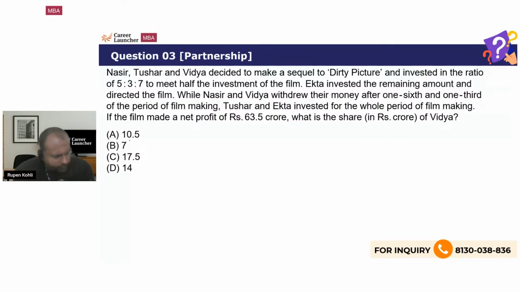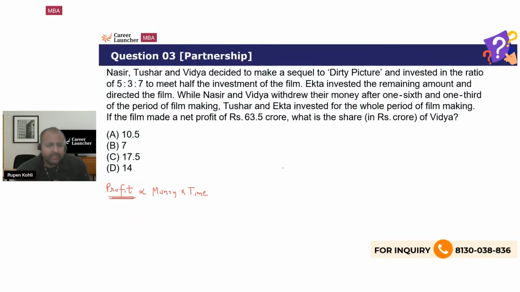The base concept of partnership is that all partnership questions are about who gets how much money. So what is a profit sharing model? The concept is, profit is in proportion of both the parameters, which is the amount of money invested and the time for which the money has been invested. It's a joint variation. So profit is proportional to money into time.